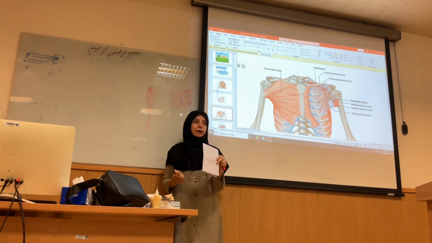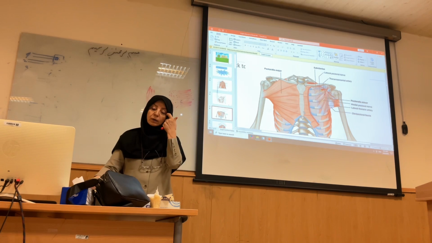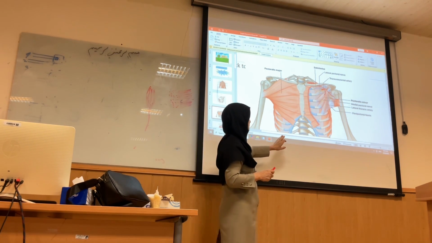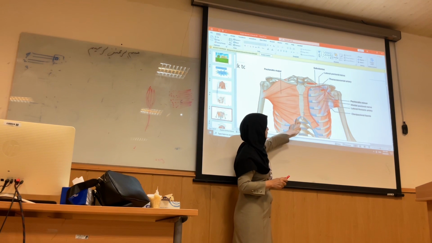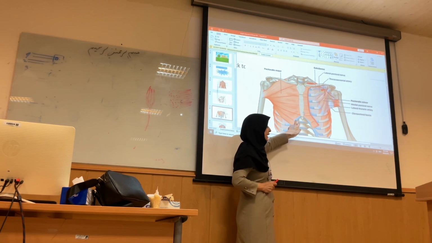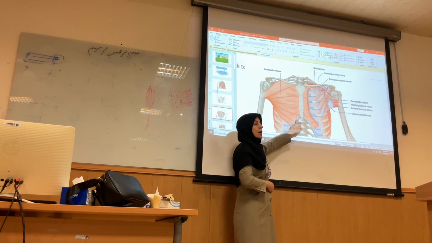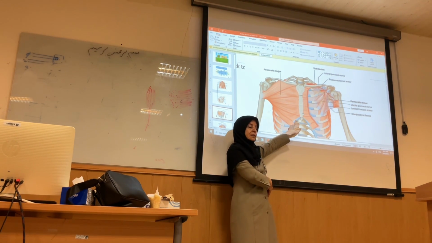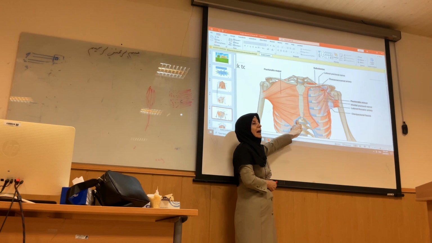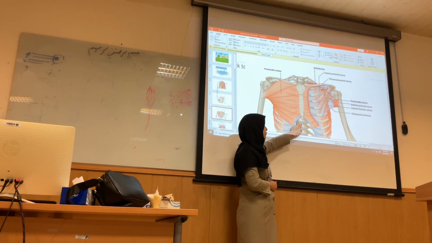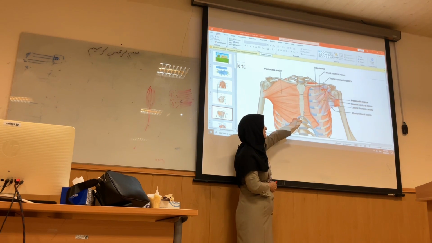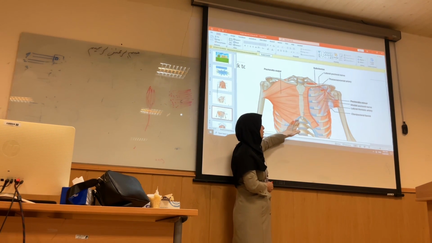We call it aponeurosis. Now, about the pectoralis major inferiorly, some of the muscle fibers connect to the aponeurosis of the muscles in the anterior wall of the abdomen.